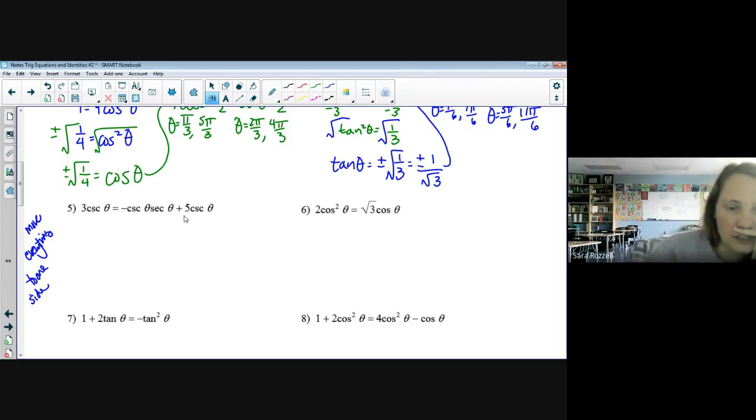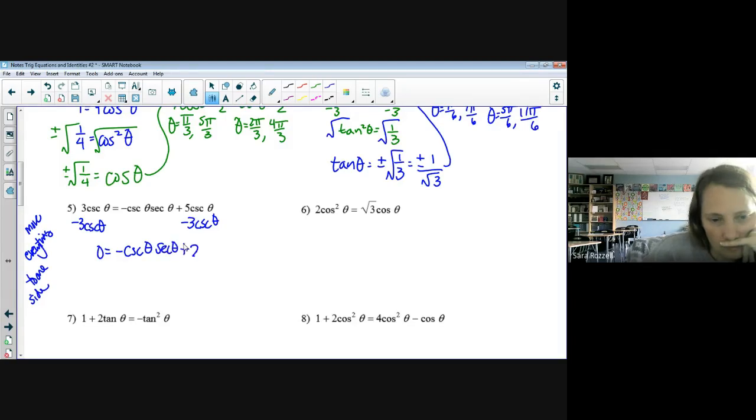Okay, so I'm going to subtract this 3 cosecant. Are all of my trig functions the same? Nope, I can't combine them all together.